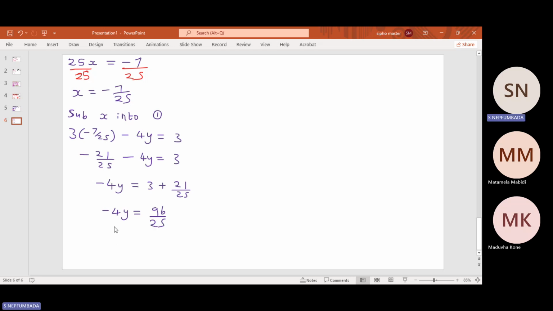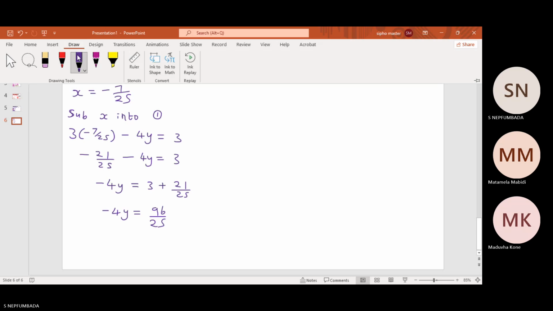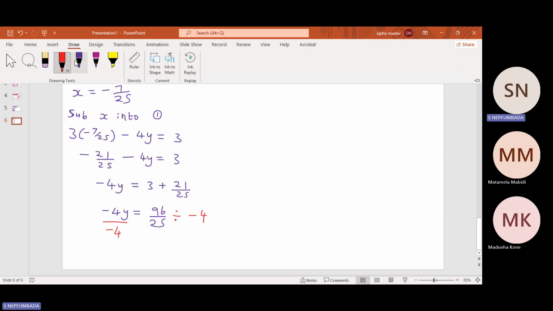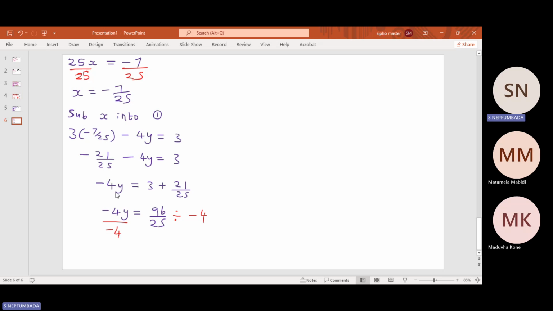You got this? Yes. When you say 3 plus 21 over 25, right? Divide both sides by -4. Then we get our y is equal to what?